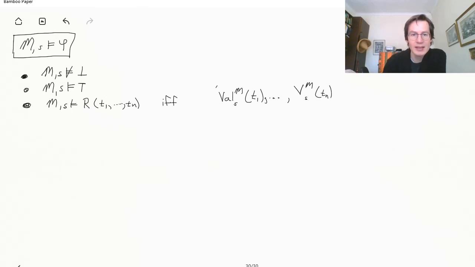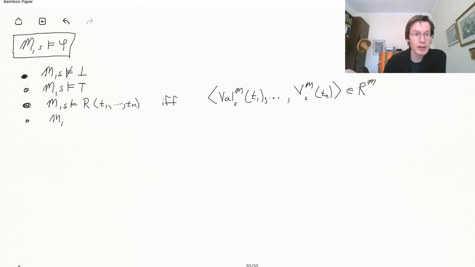Well, if this n-tuple of elements of the domain of the structure stand in the n-ary relation interpreting the n-ary predicate symbol R, so basically, if subject to the interpretation of the language, the objects denoted by the terms stand in that relation. That's what we would want and expect. So this is the first way that an atomic formula could look.